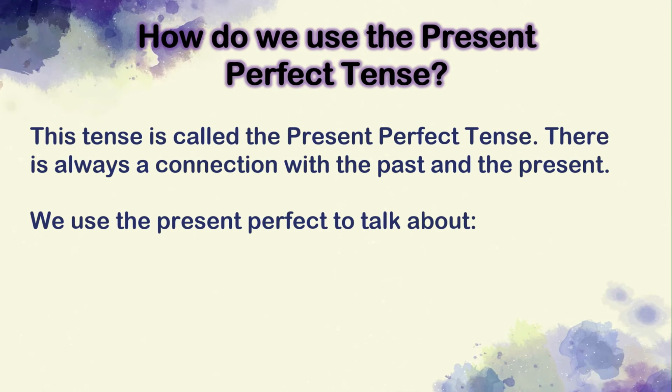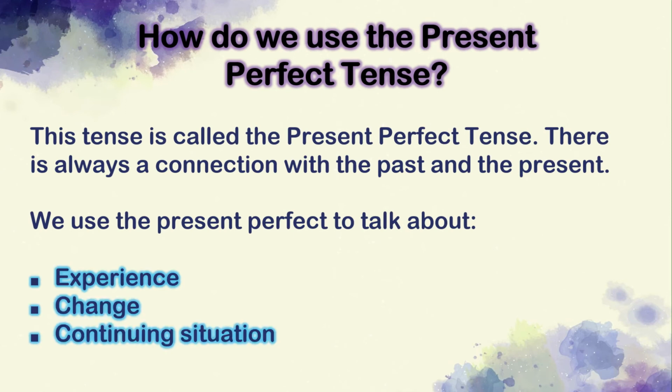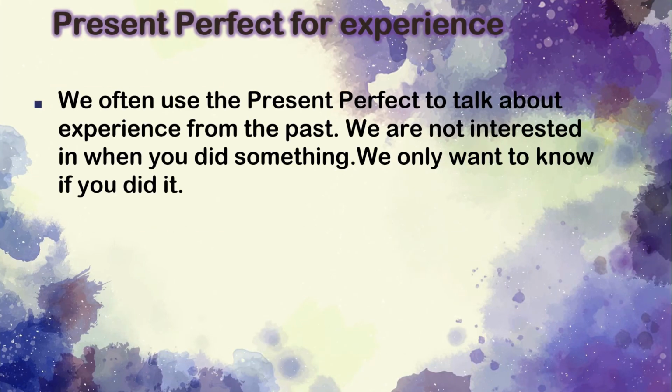So, we use the present perfect tense to talk about experience, change, and continuing situation. So, present perfect for experience. We often use the present perfect to talk about experience from the past. We are not interested in when you did something.